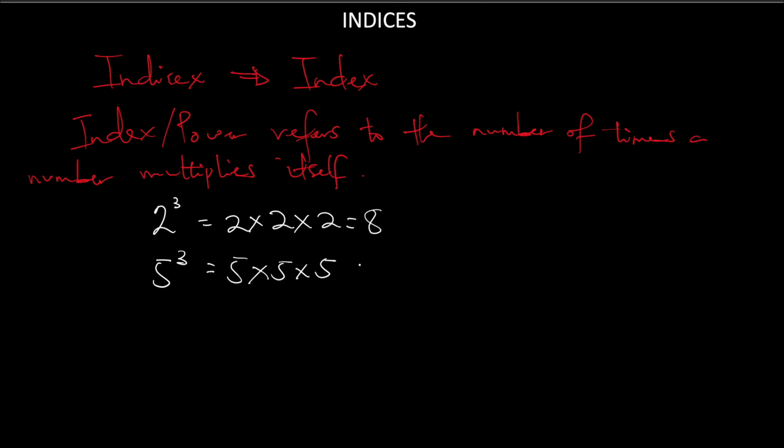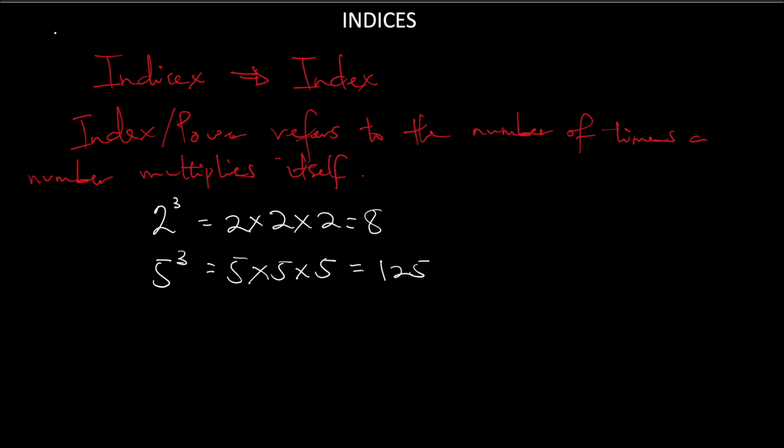And that is equal to 125. So basically, indices tells us that this number is raised to a particular number, and this means you are multiplying that number a particular number of times.